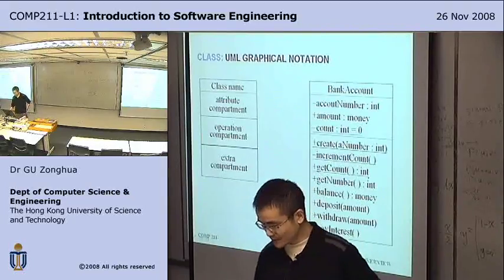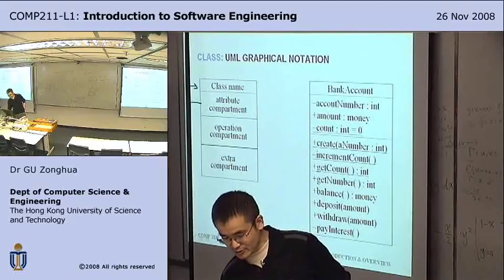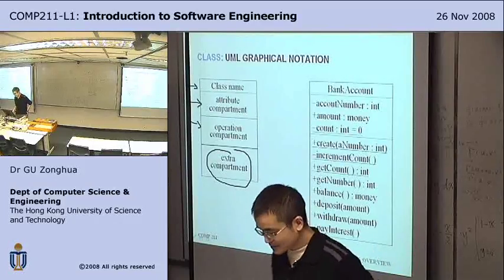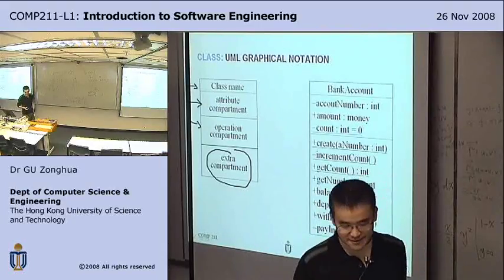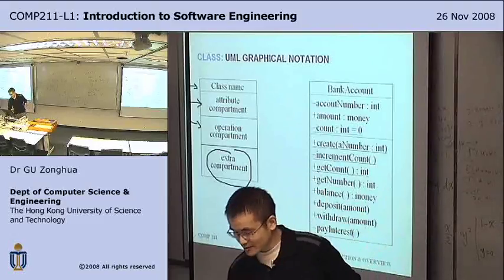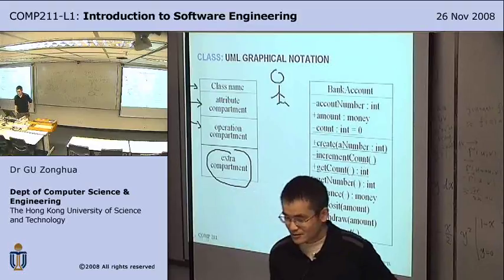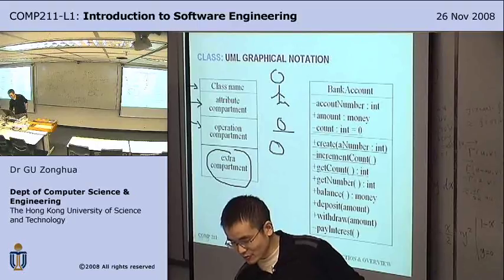So here's the basic notation: class name, attributes, and operations. This extra compartment is not really used in this course. So essentially, it's 3 compartments. Not every class looks like this. We saw many other classes that look very different. An actor is a class, right? An actor looks like this. We also saw entity classes or control classes.